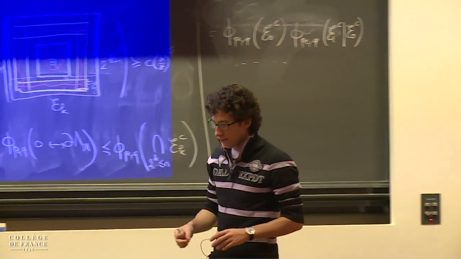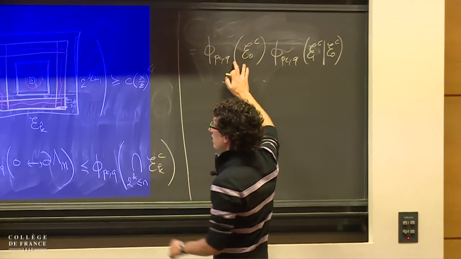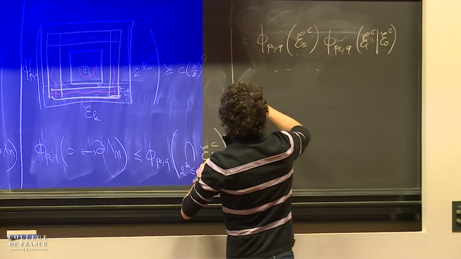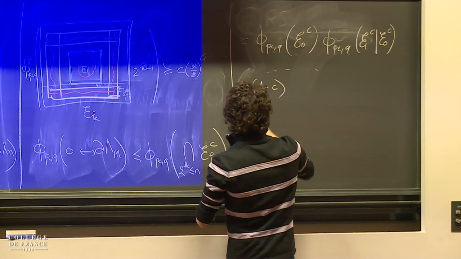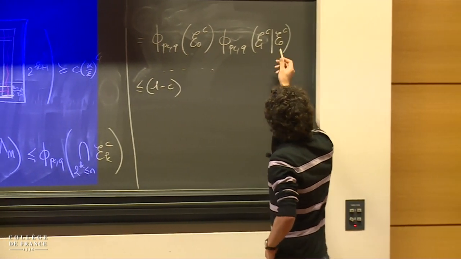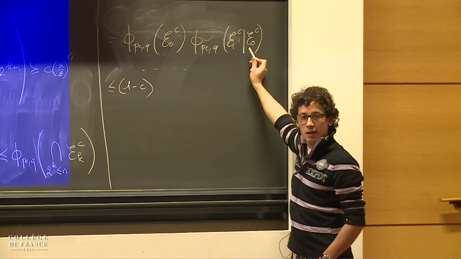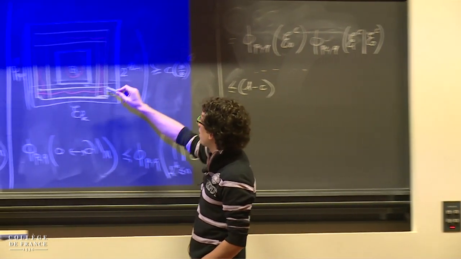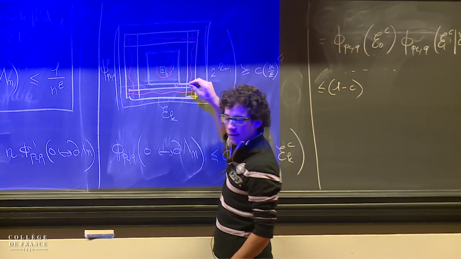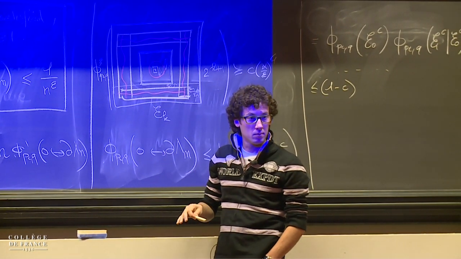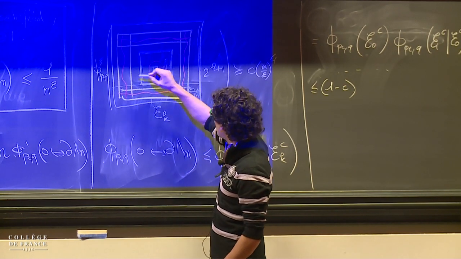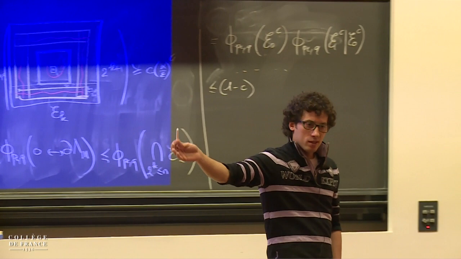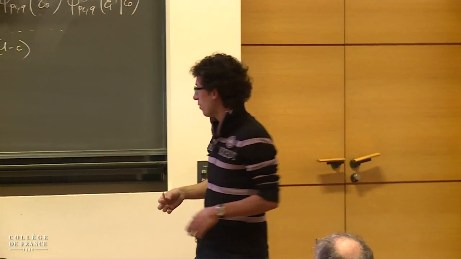So remember now, if I condition, so this first guy, that's exactly what I noticed here, not having that is smaller than 1 minus c. Now let's look at this guy. So I'm conditioning on this event not to occur. So this event not occurring tells me maybe inside something very bad happened for me. So remember I want a dual path. Maybe here what happened is that everybody was dual open. So everybody is red.